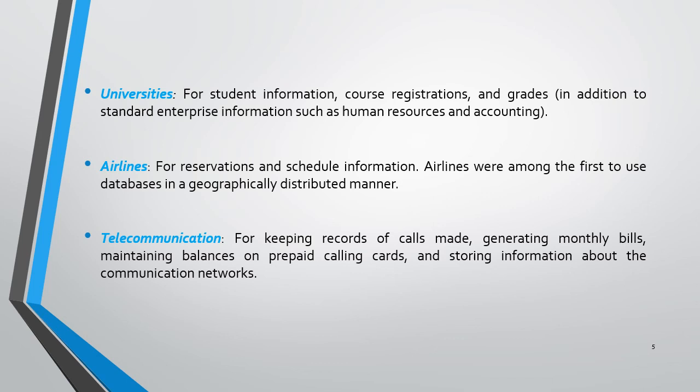So how does it happen? Whatever you are doing, it is maintained by the database. So whether your incoming calls are there or outgoing calls are there, generating the monthly bills, and then maintaining balances on the prepaid calling cards, everything is stored in the database.